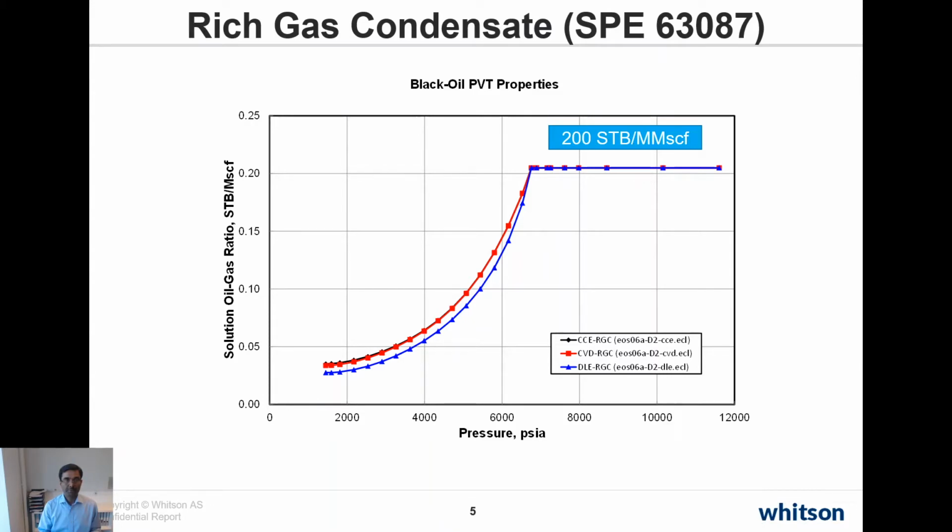Black line is for CCE, red line is for CVD, and blue for DLE. We see that CCE and CVD are quite similar, and DLE is slightly lower in pressure.